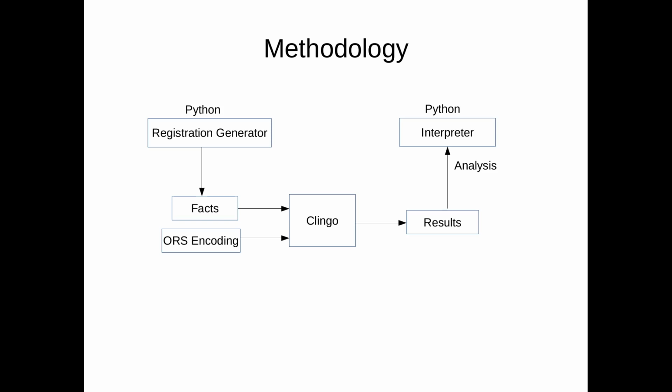This is our methodology. For this, we have a Python registration generator that generates all the parameters for this particular ORS problem in the form of facts, and then we have the ORS encoding. We give the facts together with this encoding to Clingo. Clingo generates results, some possible solutions, and those solutions are then analyzed again by an interpreter or by Python.